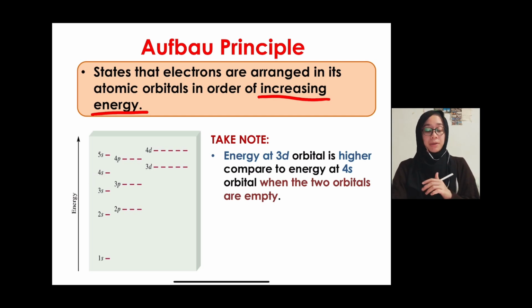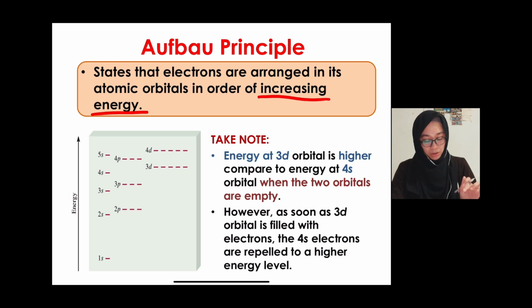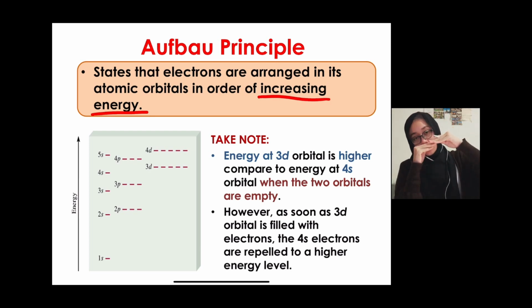But what happens when we start to fill in the 3d orbitals with electrons? As soon as the 3d orbitals are filled in with electrons, the 4s electrons are repelled, so it gets to a higher energy level.